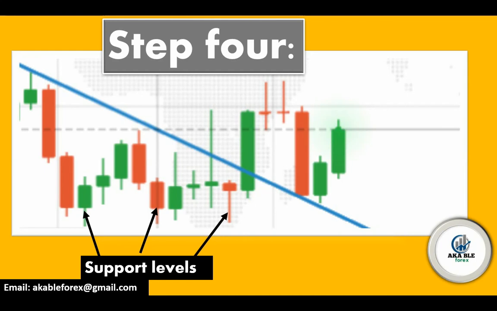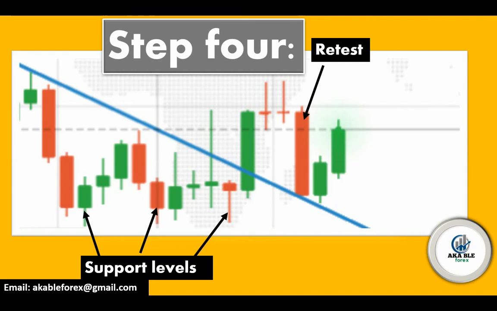So let's continue. After observing the support level, we can now try to place our stop loss, right?